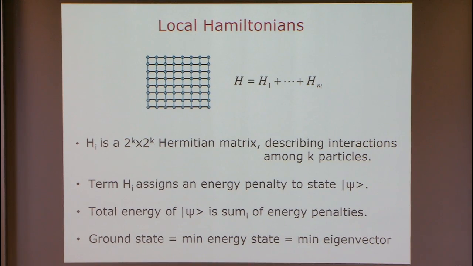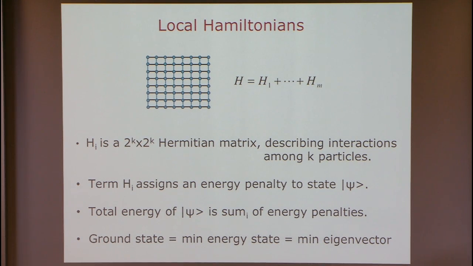Okay, so now let me try to describe this local Hamiltonian problem a little bit more closely. So each term of this Hamiltonian, imagine that each term involved maybe not just nearest neighbors, but let's say it was k local. So here I've drawn a 2 local Hamiltonian because you have 2 particles interacting with each other.